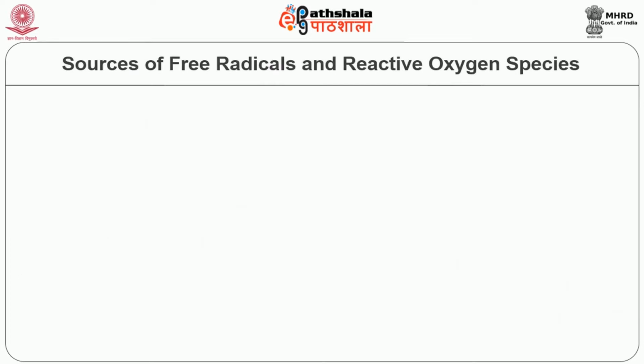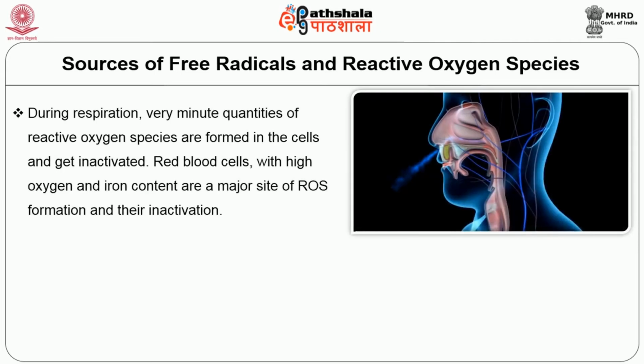Sources of free radicals and reactive oxygen species. During respiration, very minute quantities of reactive oxygen species are formed in the cells and get inactivated. RBCs with high oxygen and iron content are a major site of reactive oxygen species formation and their inactivation.